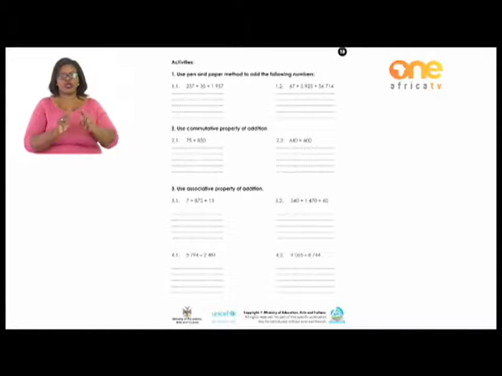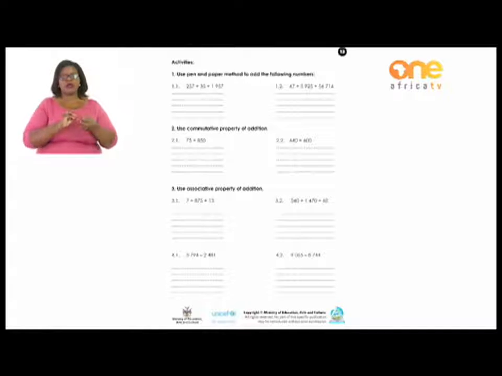Number 2, use commutative property of addition. 2.1, 75 plus 850, and 2.2, 640 plus 600. Remember, apply commutative property here, guys.